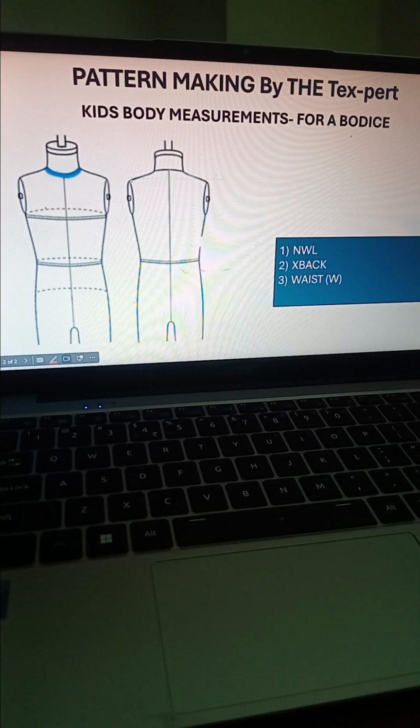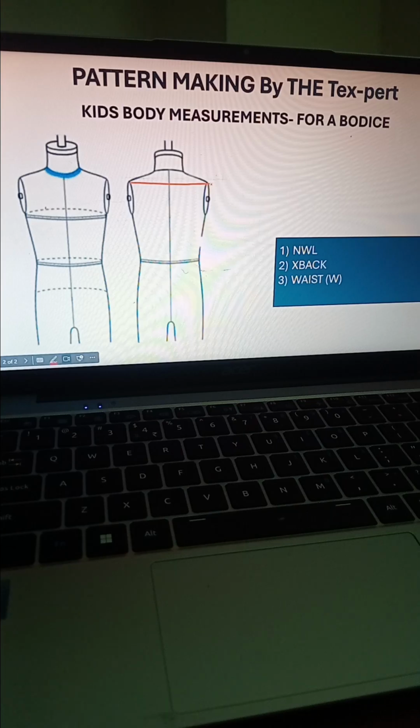So you measure from the tip of the shoulder to the tip of the other shoulder. Remember, take note that we are doing everything for a kid. That's the cross back measurement.